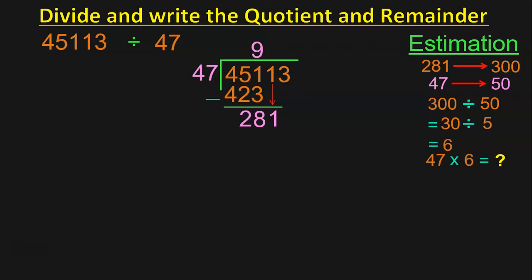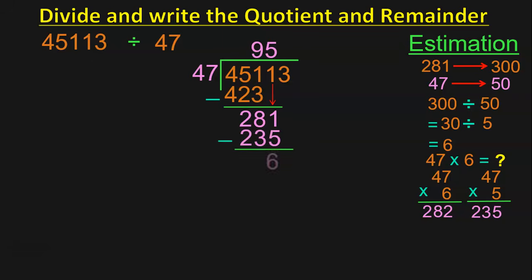Let us try with the quotient to be 6. So 47 into 6 is 282. But 47 into 5 is 235. We cannot take 6 because it is 282, which is bigger than 281. So we are trying with 47 into 5, which is 235. Subtract these two numbers and you will get 46.